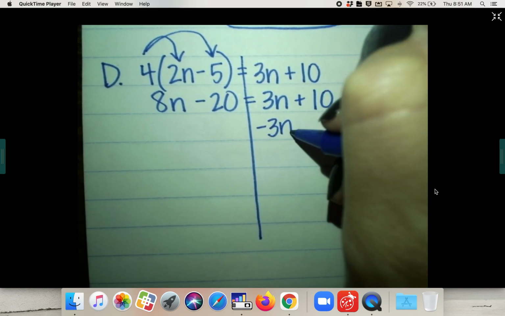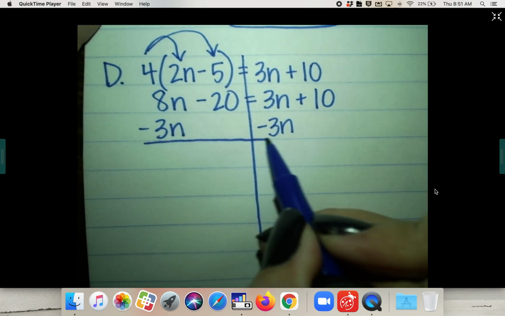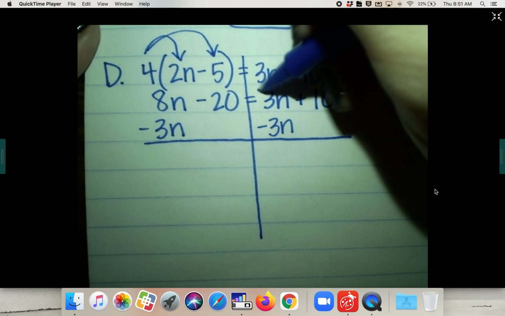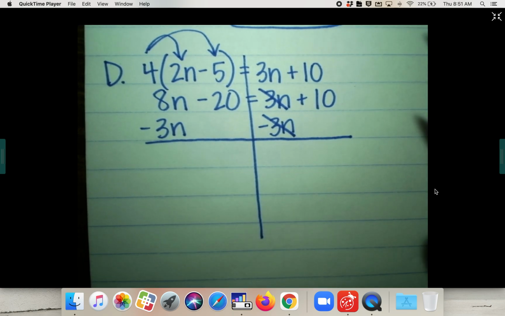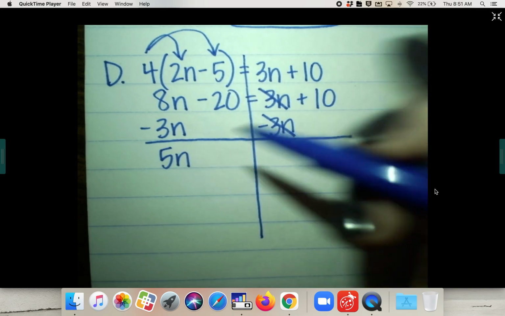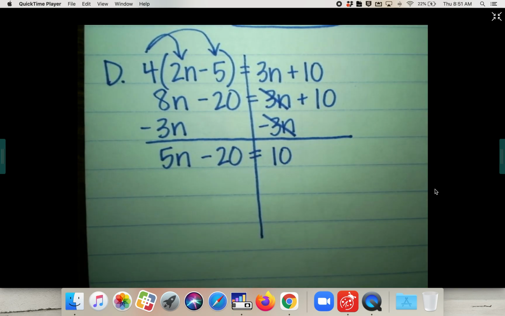So let's minus 3n from both sides. Be sure to line it up with the n because that will show that our like terms are being lined up. 8n minus 3n is 5n. Bring down your minus 20. Bring down your equals. Bring down your 10. All right. 2-step 7th grade equation left.